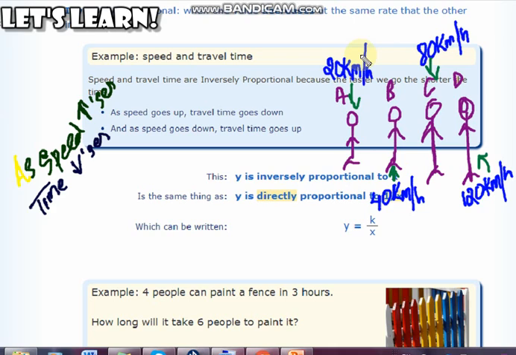So you can see, the faster you travel, the less time it will take you to reach the destination. जितना fast आप travel करेंगे, उतना ज़्यादा जल्दी आप पहुँचेंगे. So as the speed increases, the time taken to travel decreases.